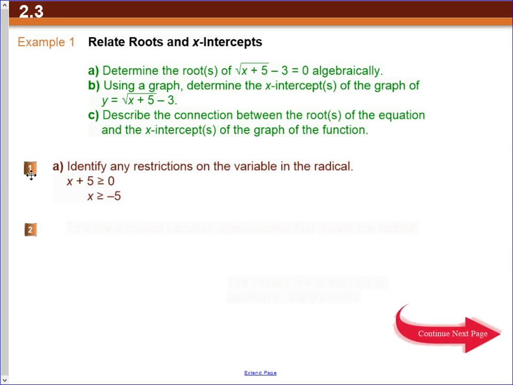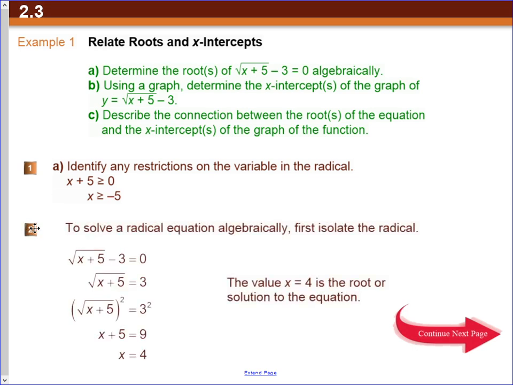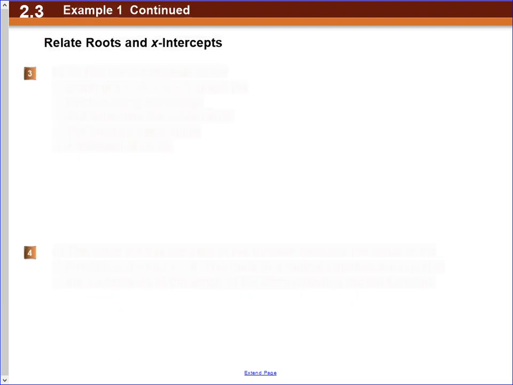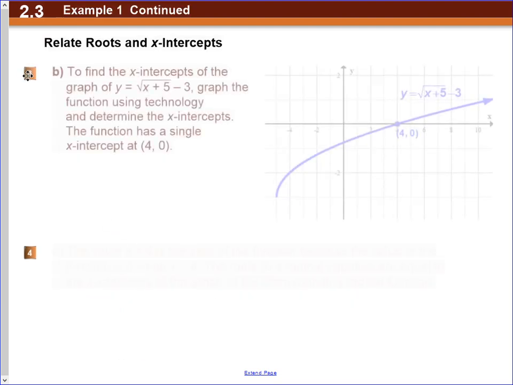With that restriction determined, the next step is just to solve it. So add 3 to both sides, square both sides, and then subtract 5. Getting a single root, or a single answer, of x equals 4. And you know what?